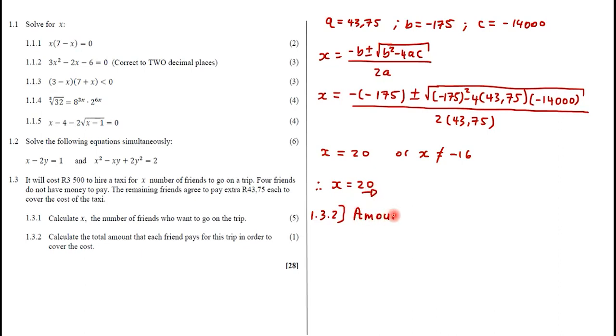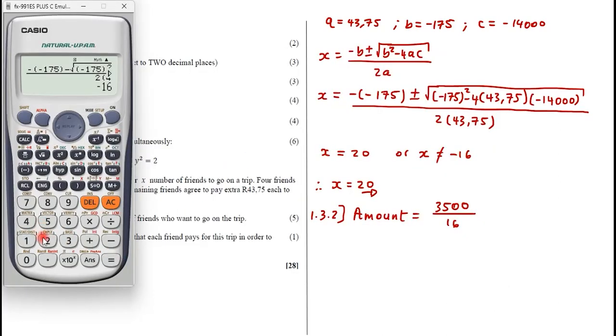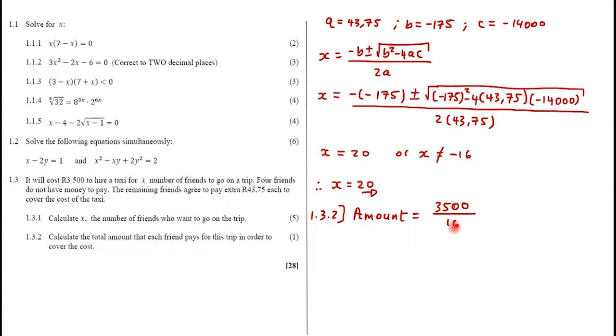So the amount will be 3,500 rand divided by 16 of the friends that are paying. So I'll write it as 3,500 rand divided by 16, which gives you 218.75. So 218.75, and that's how we get to our answer.